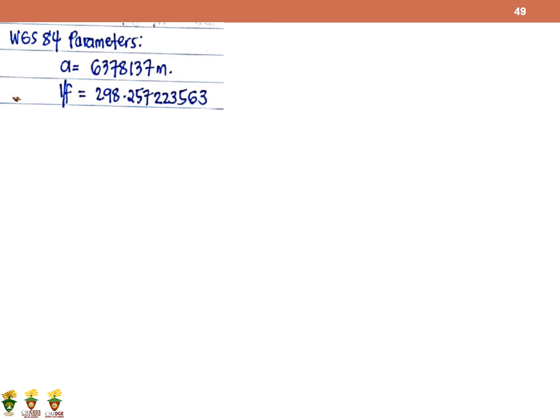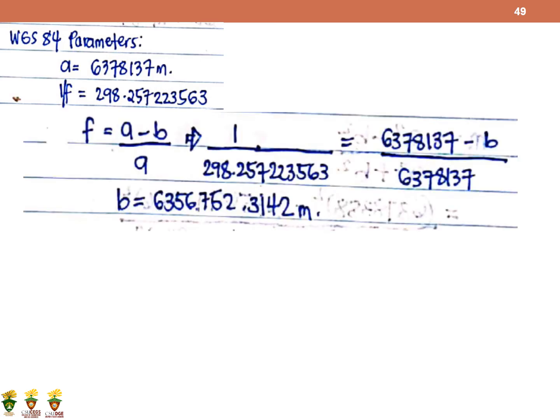So we have a, the semi-major axis, equals 6378137 meters. And the inverse flattening is 298.257223563. So to get the flattening of the WGS84 is just the reciprocal of the inverse flattening.